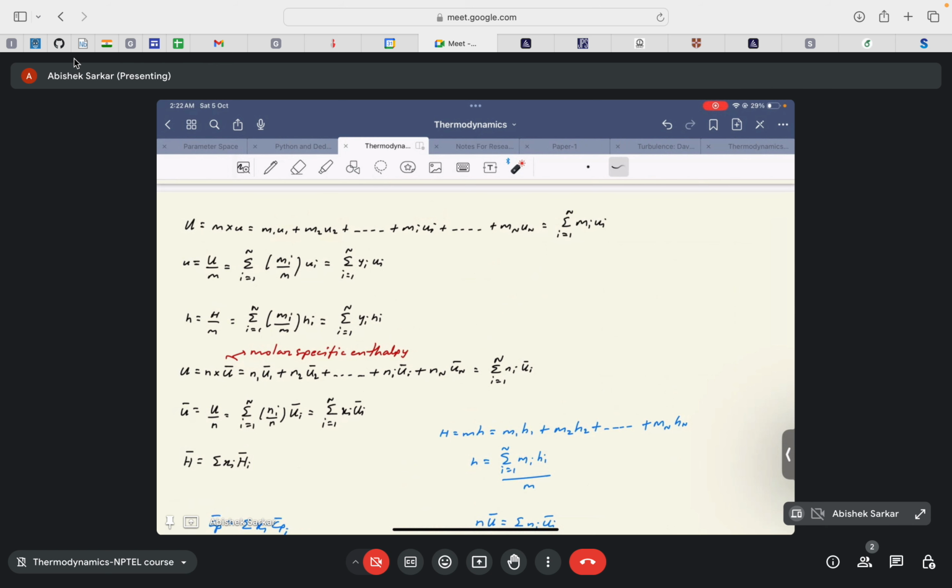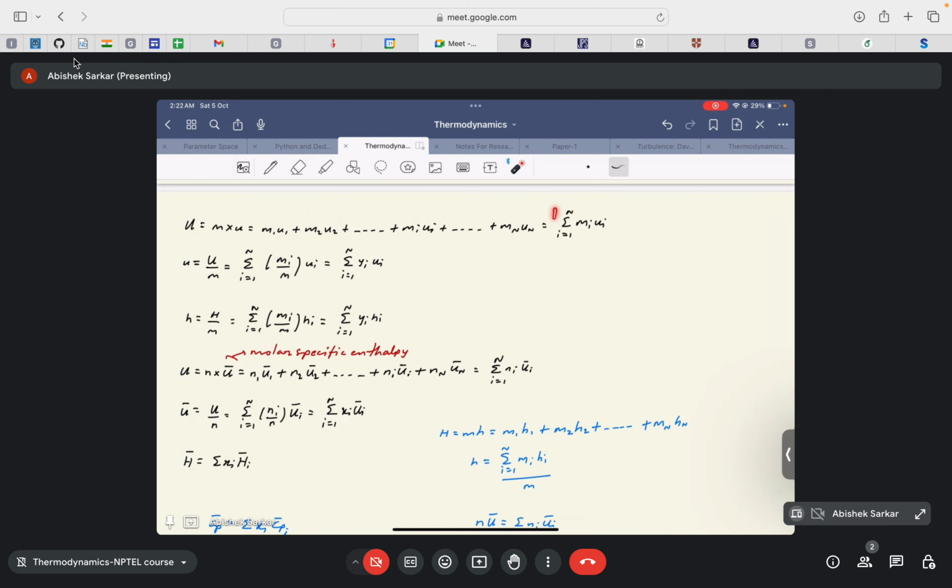Similarly, if there are n gases, Un denotes the specific internal energy of that particular gas type in the mixture. Similarly, m1, m2, m3 up to mn denote the mass of each gas type in the mixture. So the total internal energy of the mixture can be given by the summation of mi ui, where i varies from 1 to n.